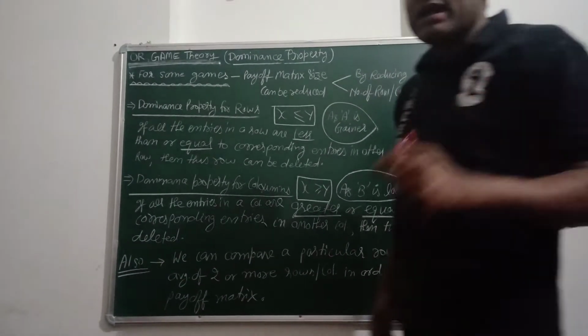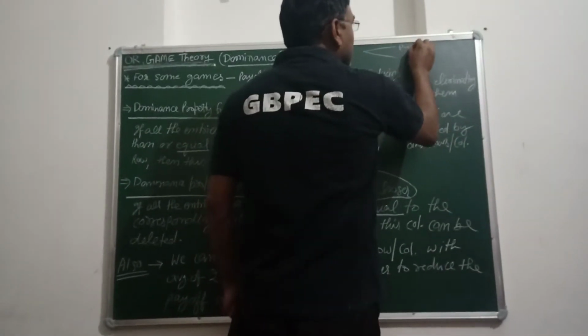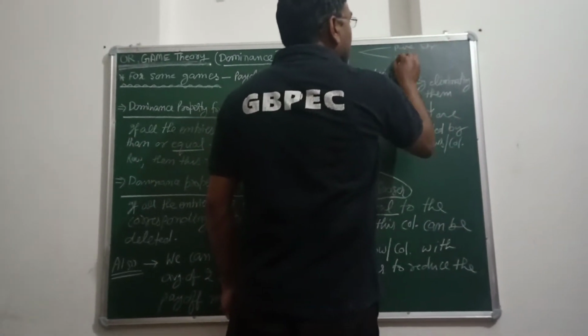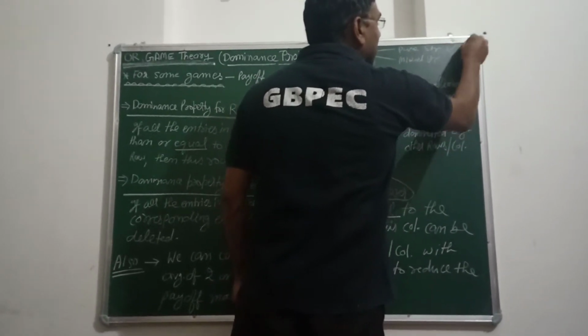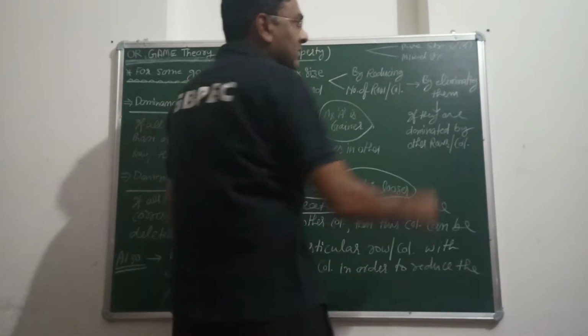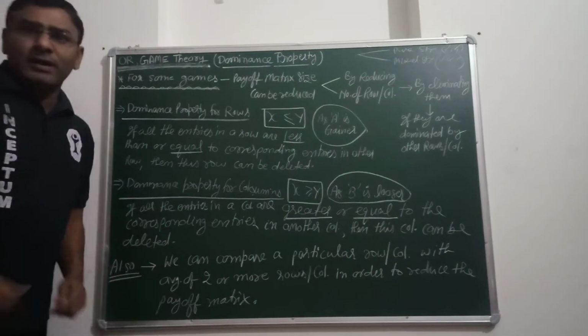Now, as we know, we can have two types of strategies, pure strategies and mixed strategies. In pure strategies each player will opt for only one strategy, but in mixed strategy more than one strategy can be opted by a player.